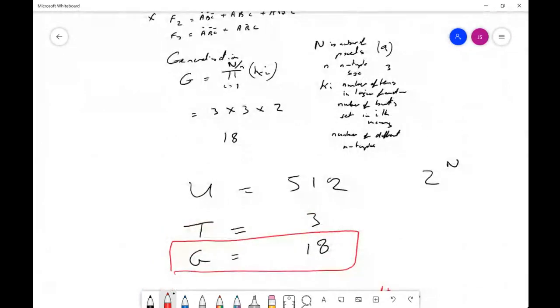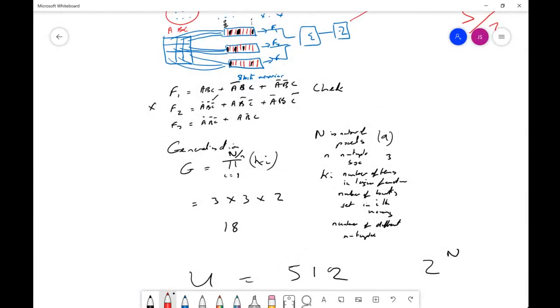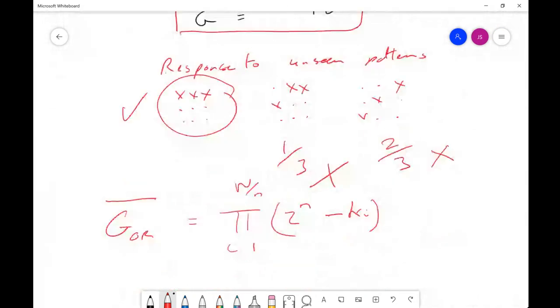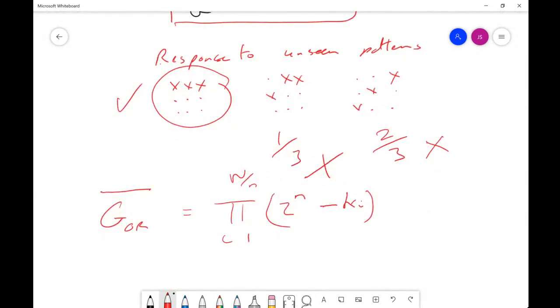Two to the n is the total number of different patterns that can be input to the logic functions, i.e. the number of cells in the memory. In this case, n equals 3, 2 to the n is 8. There's 8 cells. And what we're doing in this part of the equation, we are calculating the number of patterns that will output a 0 rather than a 1.